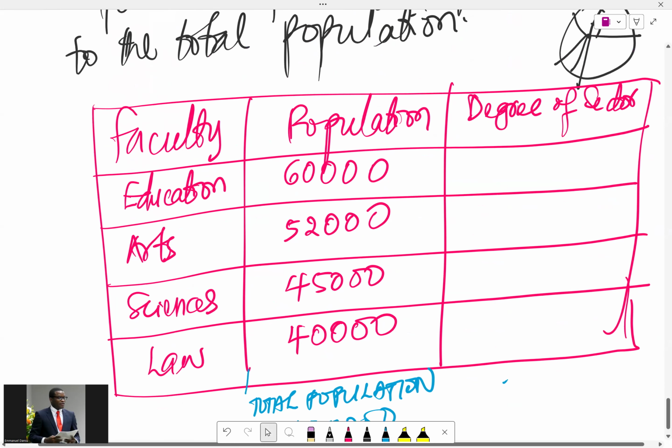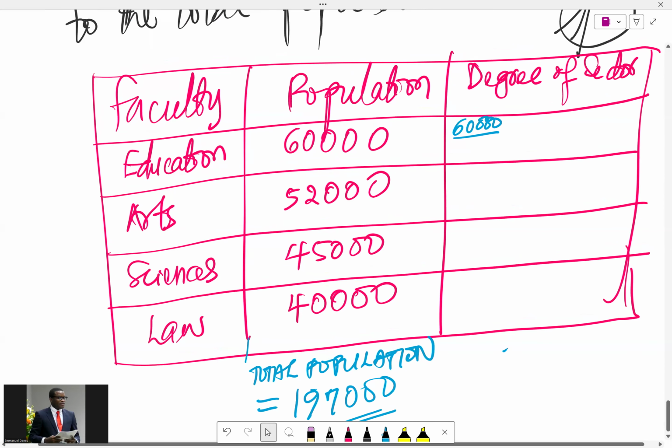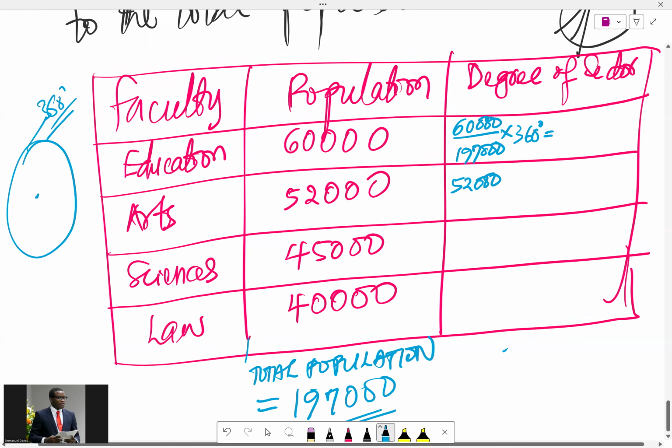So the degree of the sector can be calculated as follows. Here you have 60,000 divided by 197,000. You know, a whole circle is a revolution, so the total angle is 360 degrees. So you multiply this by 360 degrees. Whatever you get, you write it there. Then here you have 52,000 divided by 197,000, that's the total population, times 360 degrees.